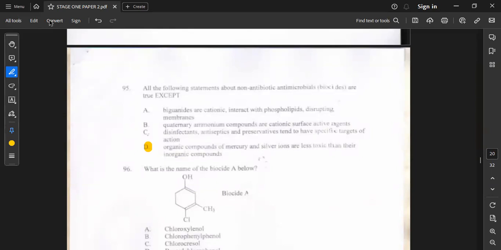Preservatives are chemical substances that are used to prolong the shelf life of pharmaceutical products.